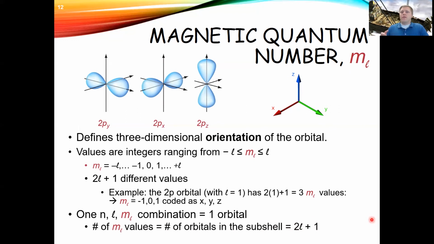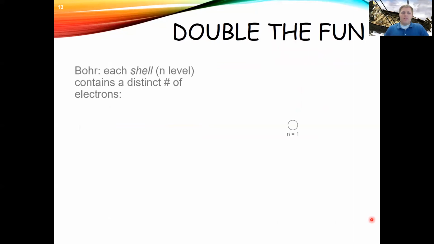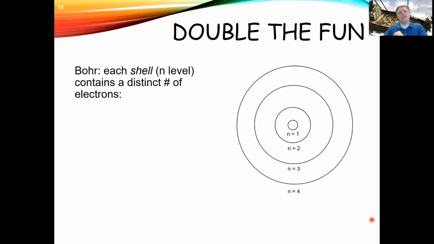All right, so let's talk about these orbitals now. We're going to go back a little bit to the Bohr model and tell you something I didn't tell you about the Bohr model. So in Bohr's model, he figured out how many electrons could fit at every n value. At n equals 1, you can only fit 2 electrons at a time.